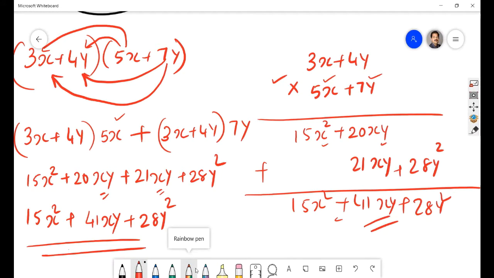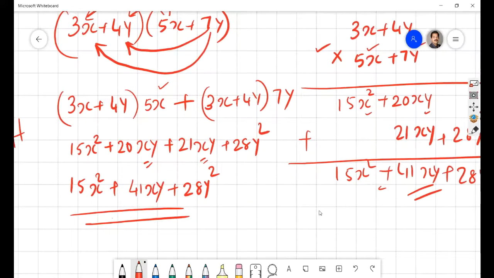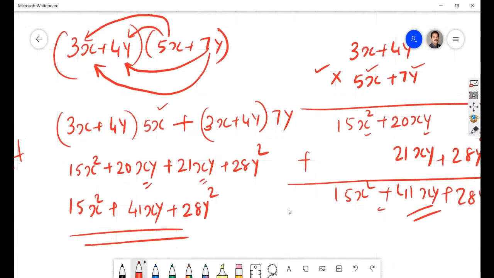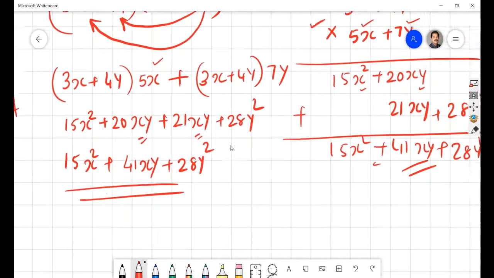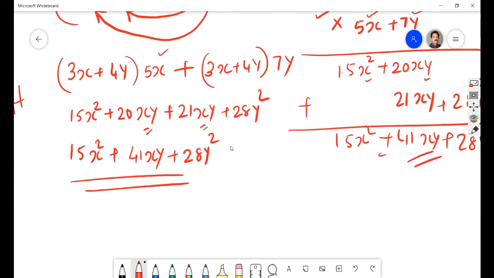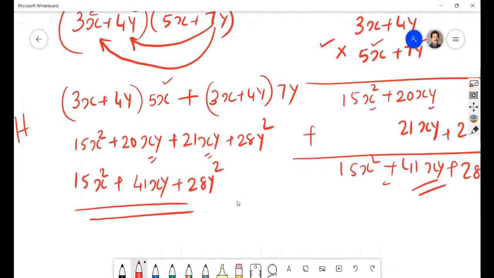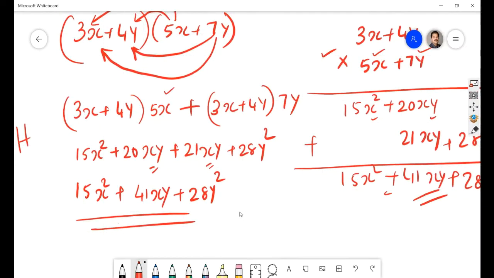And meanwhile, I would like to tell you one important thing. In the horizontal arrangement, I did 3x plus 4y multiplied by 5x over here, right?